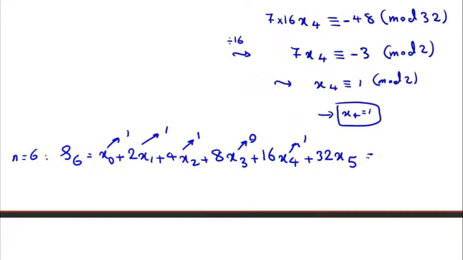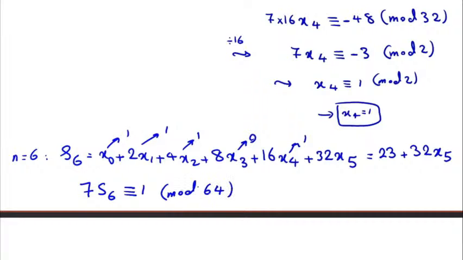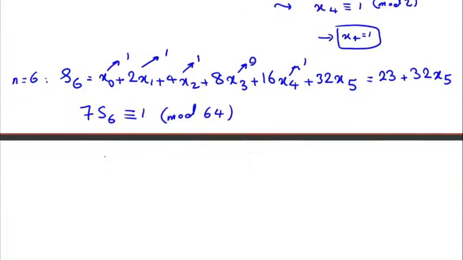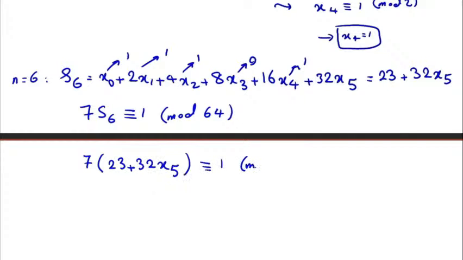And if we calculate this, it will be 7 plus 16, 23 plus 32x5. And 7s6 mod 64 is 1. Now, 7 times s6, which is 23 plus 32x5, is congruent to 1 mod 64.